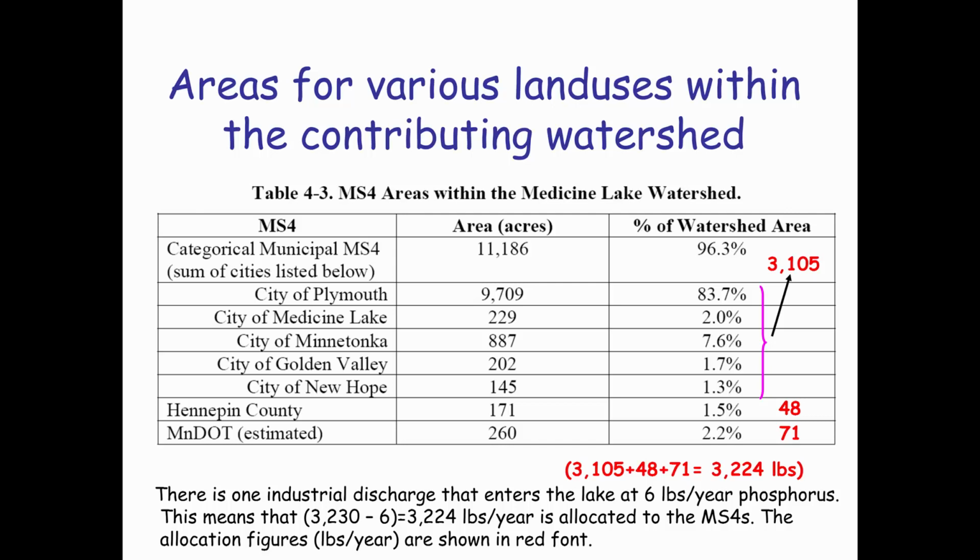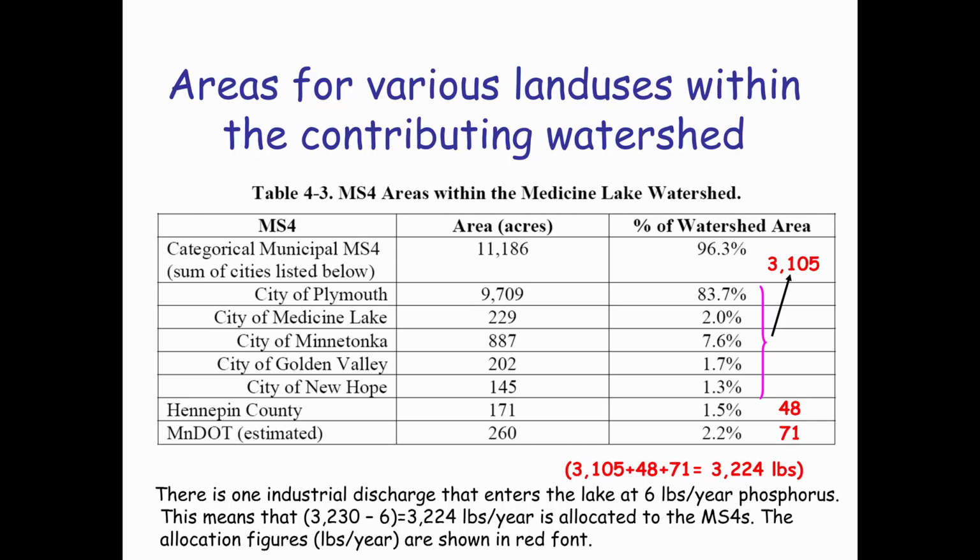Now, one way in which the TMDL could be handled would be that those cities would be responsible for their portion of the 3,105 pounds based on their fraction of watershed area.